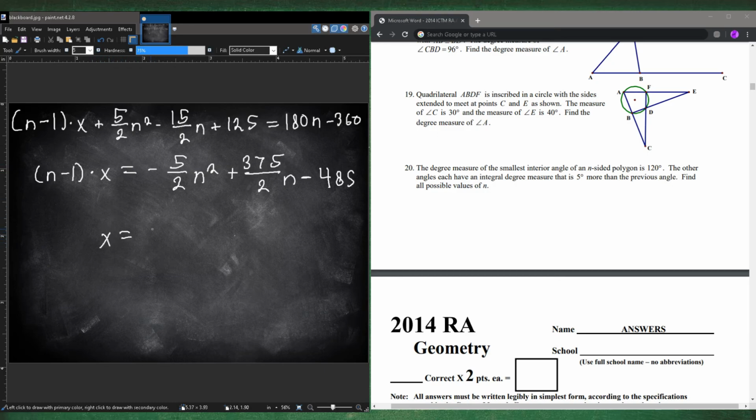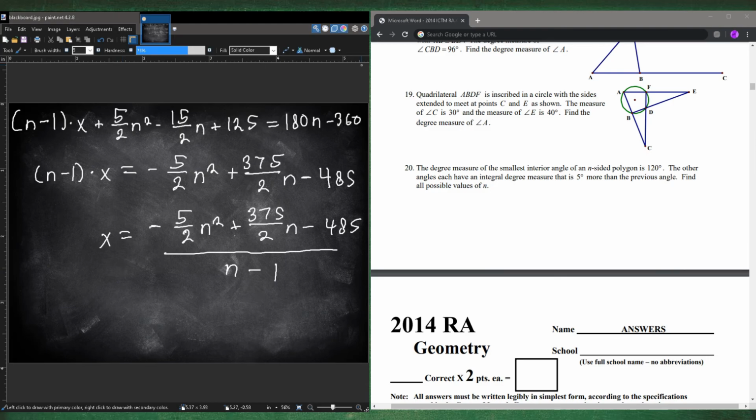So x is equal to negative 5 over 2 n squared plus 375 over 2n minus 485, divided by n minus 1. And that should be equal to our x, right?